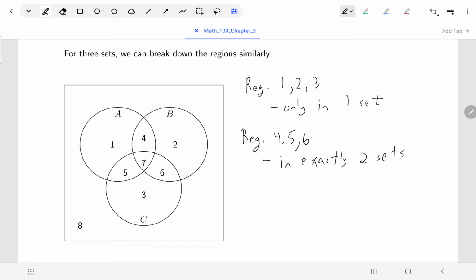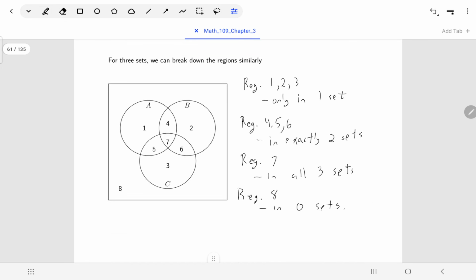And then finally, region 7, that's the very center. In region 7, that's where I'm inside of A and also inside of B and also inside of C. And then, of course, there's the very last region, the exterior. That's where you're not inside of anything. So region 8, we are in exactly 0 sets.